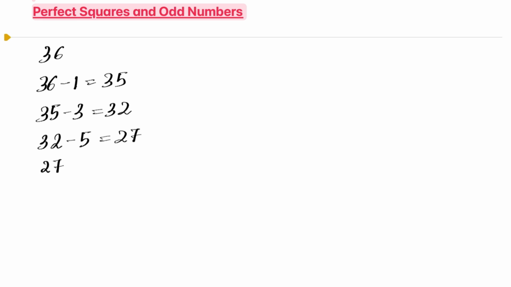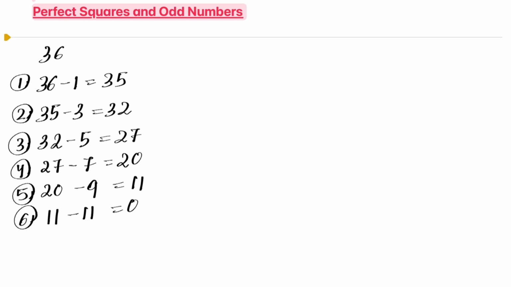Next we'll continue subtracting odd numbers. 27 minus 7 is 20. 20 minus 9 is 11. 11 minus the next odd number, which is 11, is 0. So here also we got 0 in 6 steps. So 36 is a square number and it's the square of 6.